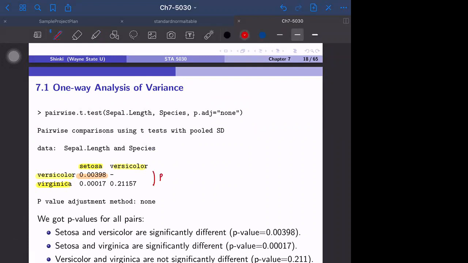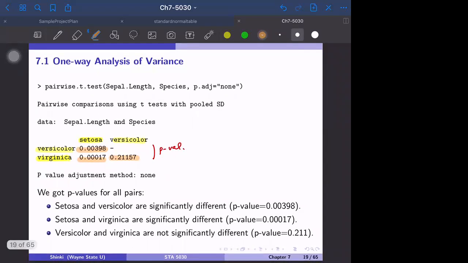This is also significant, 0.00017, for Setosa and Virginica. Actually, the difference is larger in the previous box plot. For Versicolor and Virginica, the difference is not significant because the p-value is more than 0.05, and you can see a large overlap between these 2 groups.